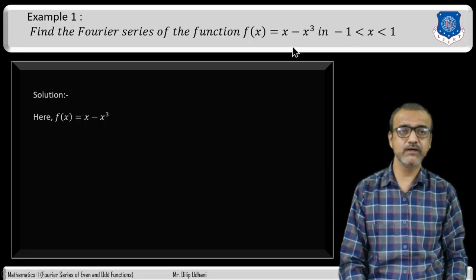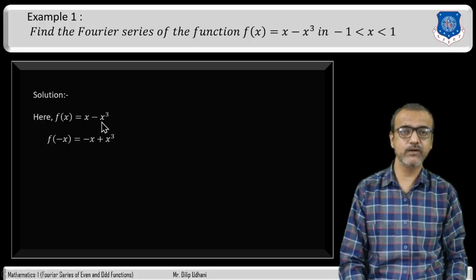So we have to check whether the given function is an even function or an odd function. Replacing x by minus x, this is equal to minus x minus, minus x the whole raised to 3, so it will become minus x cube, multiplying minus x cube by minus sign, so it will become plus. So we have f of minus x equals to minus x plus x cube.